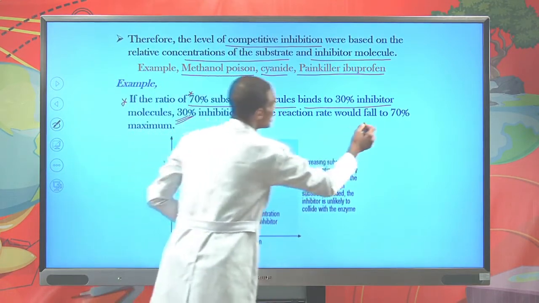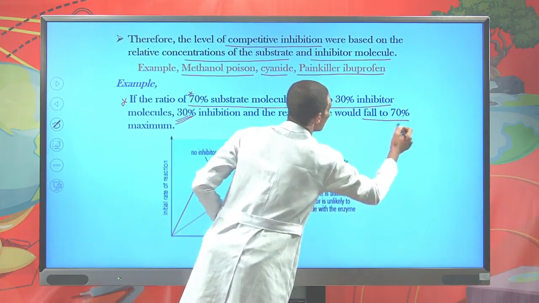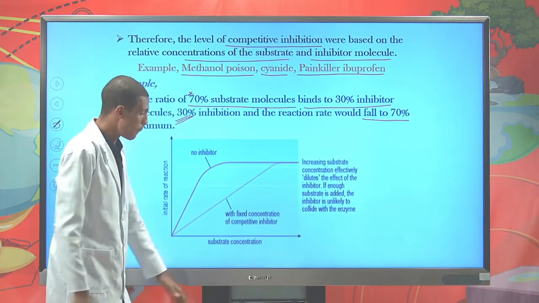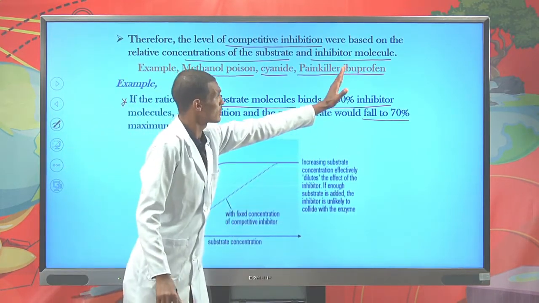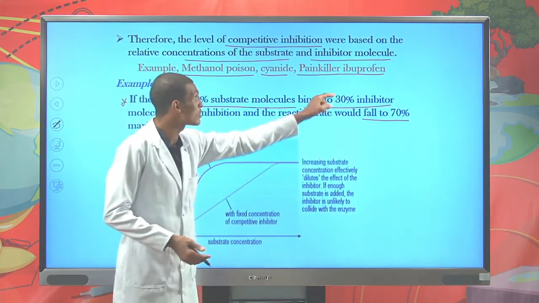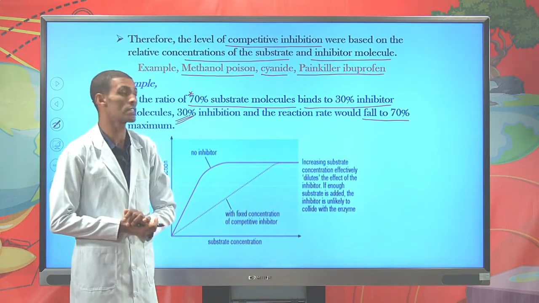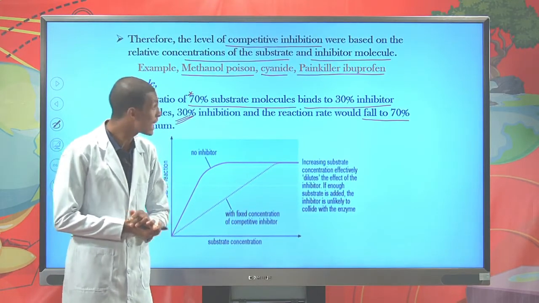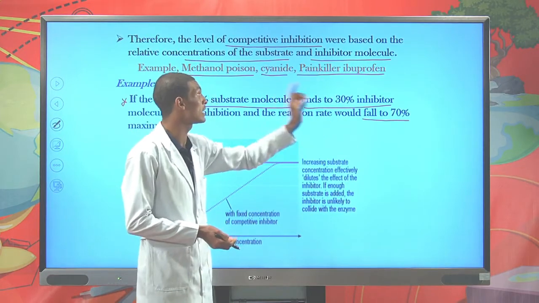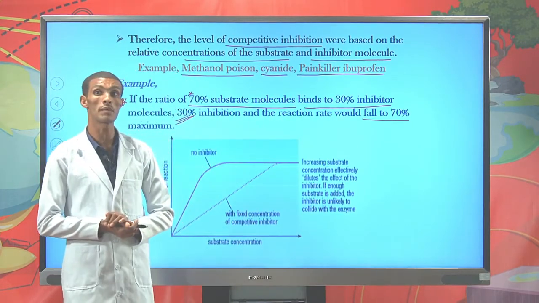So the reaction is proceeding at 70% maximum. For example, by adding 30% of substrate to here, we can totally remove or dilute the effect of competitive reversible inhibitor. By that we say the effectiveness of competitive reversible inhibitor is highly determined by the amount of substrate added to it.